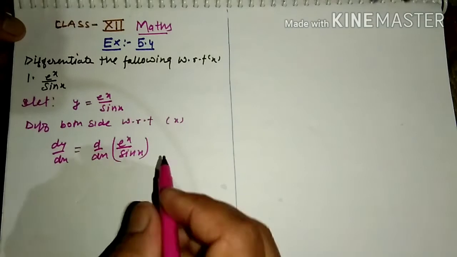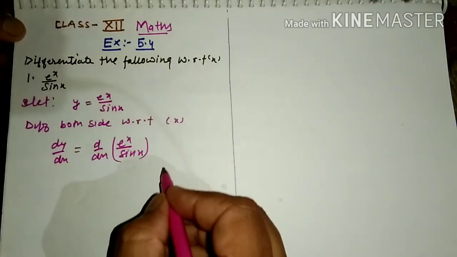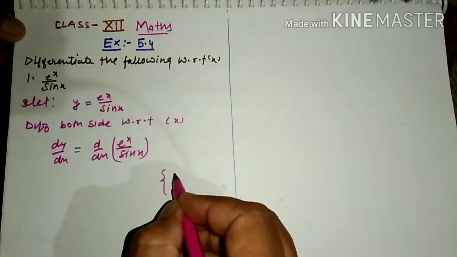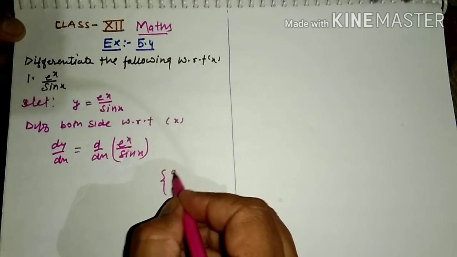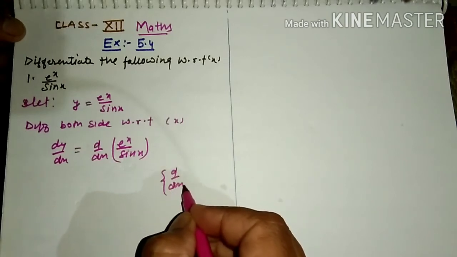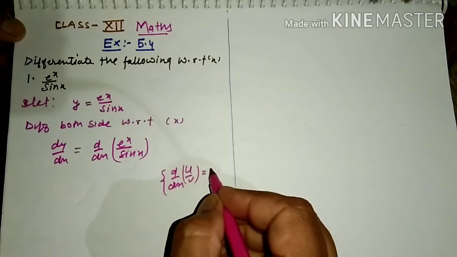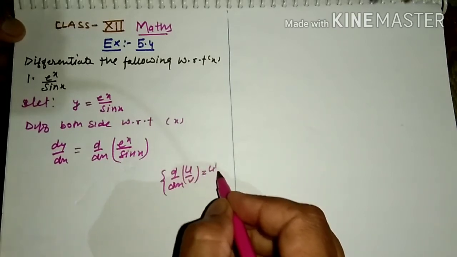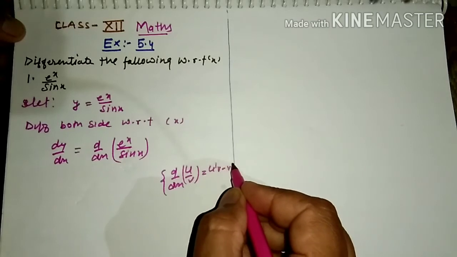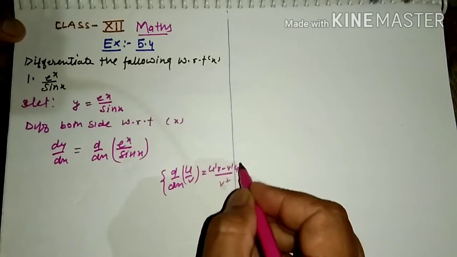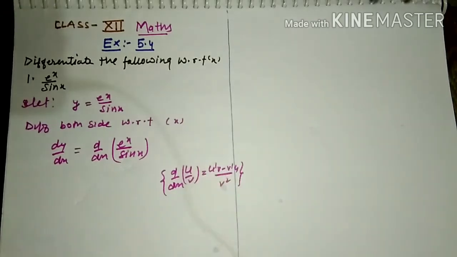Now we use the quotient rule, according to which d upon dx of u upon v is equal to u dash v minus v dash u upon v square.